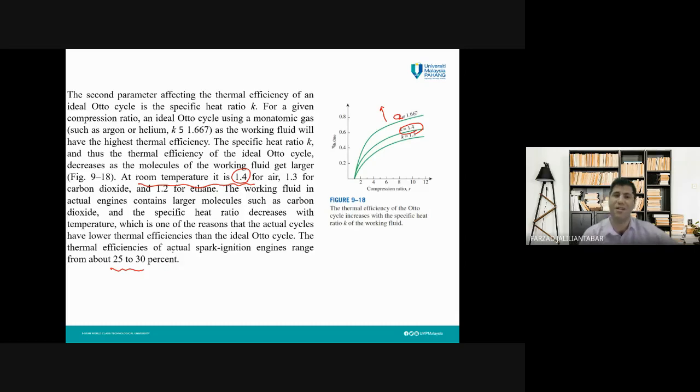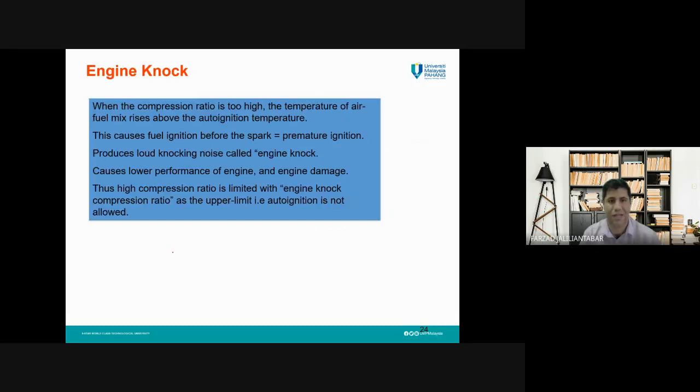In other words, only 24, 25, or 30% of the useful energy which comes from the fuel is converted to useful work by this kind of engine. Later, we will compare the thermal efficiency of the Otto cycle, or the gasoline engine, with the diesel engine as well.